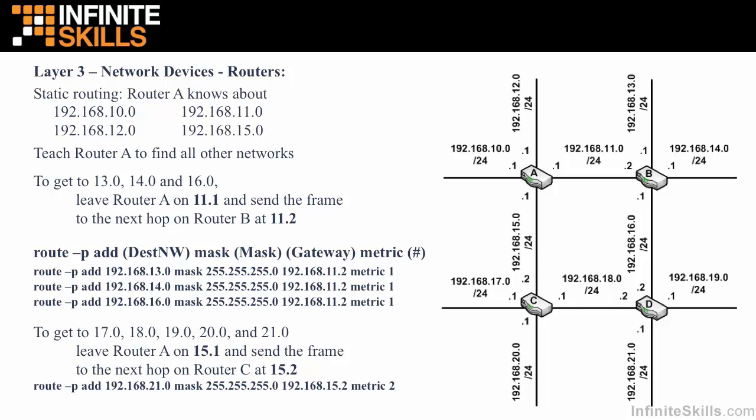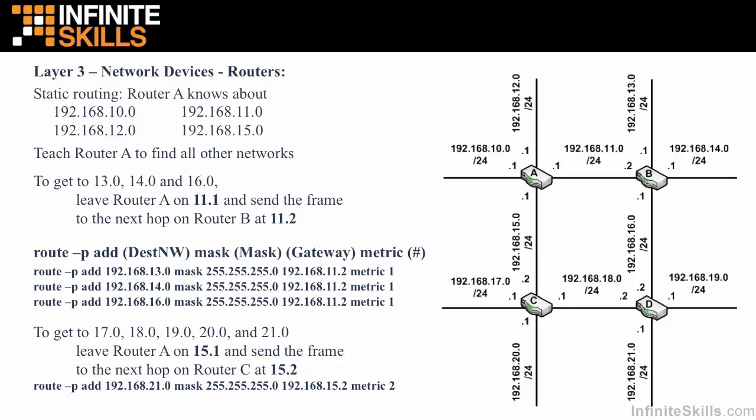Now again, if I wanted to, I could steer the traffic down through C over to D and back up to B, but then I'd have to say a metric of 4 for this particular route that I just typed in. And now the 3-hop route down to C, down to D, and then up to B, that would be 3 hops. So the cheaper path is that CDB path.